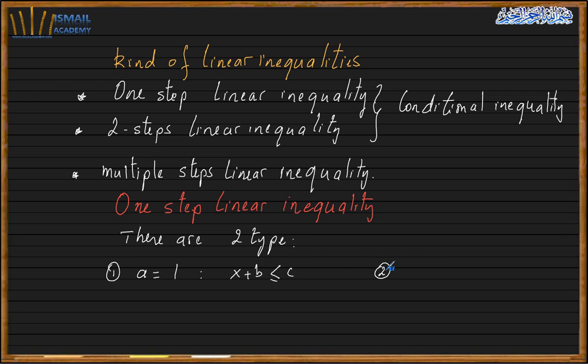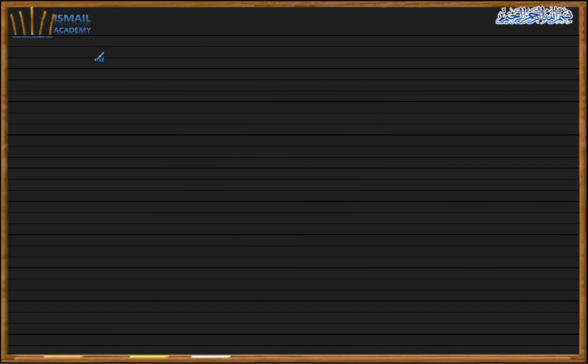And the second type is 1b equals 0. In that case, we are going to solve for this kind of inequality. We are going to start with the first one and do some examples. Then we do the second type.